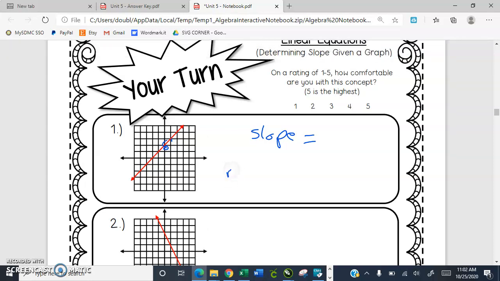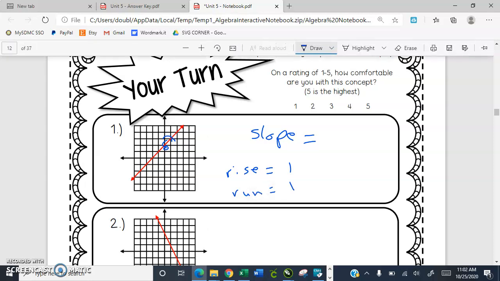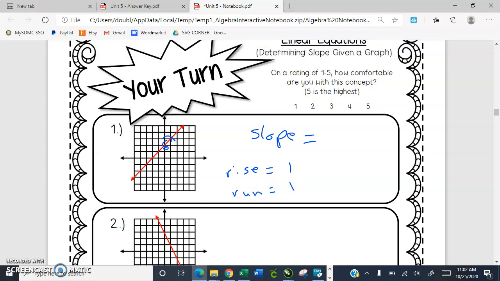So my rise equals 1 because I went up to equal that line. Okay, now from there, how many do I go over? So my run equals 1. So when I put it in, I got 1 over 1, and 1 divided by 1 is 1. So for that first one, my slope is 1.